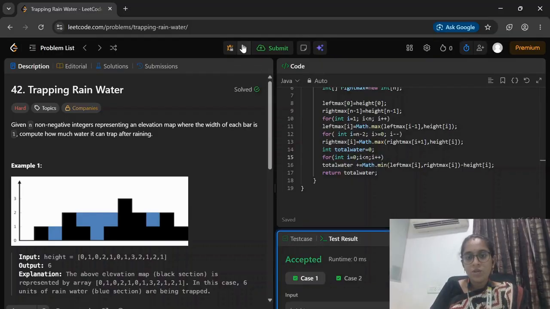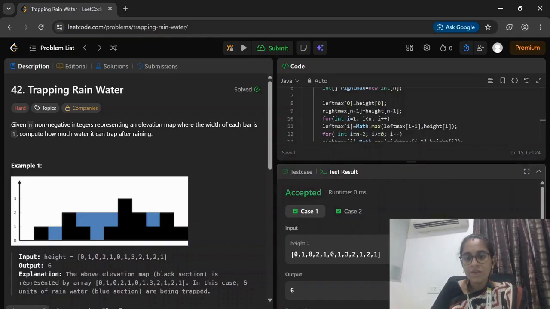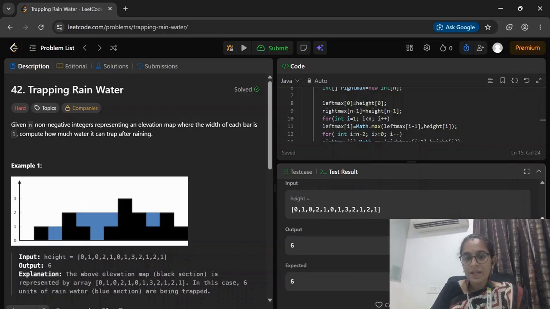Okay, so how many total units have been calculated? For this given array, 6 units have been calculated and shown here.